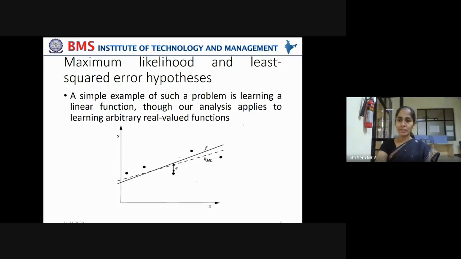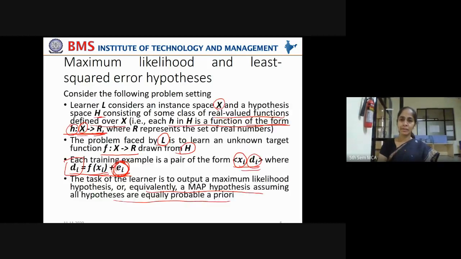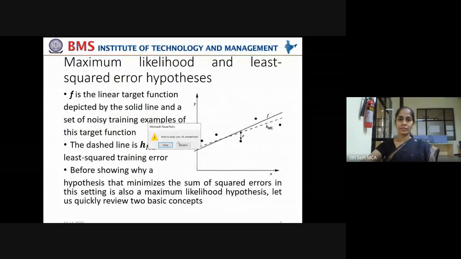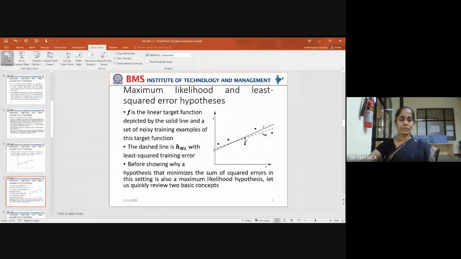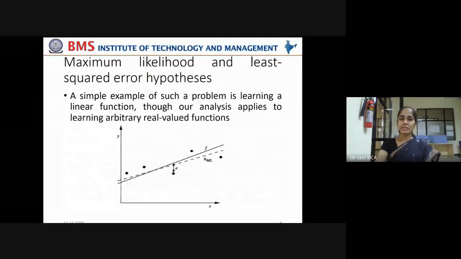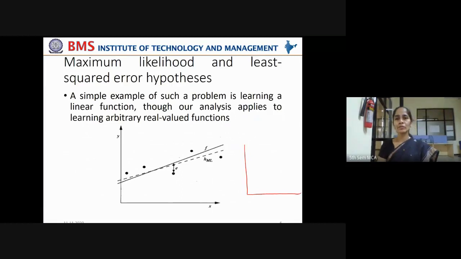Now consider there is a salesperson who comes to houses to service, say, a Eureka Forbes water purifier.